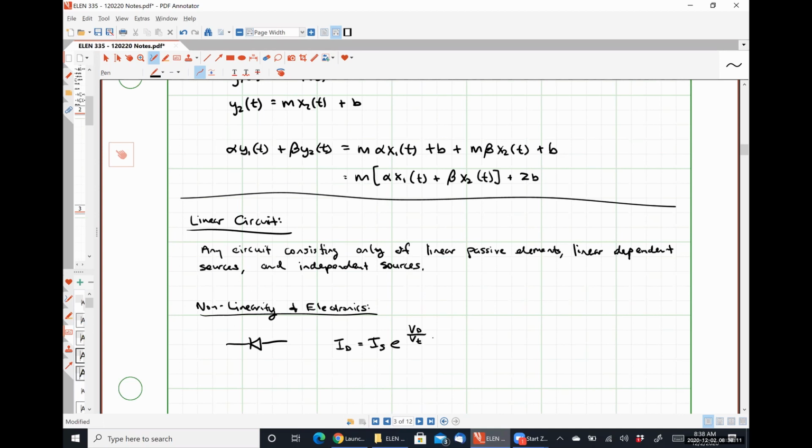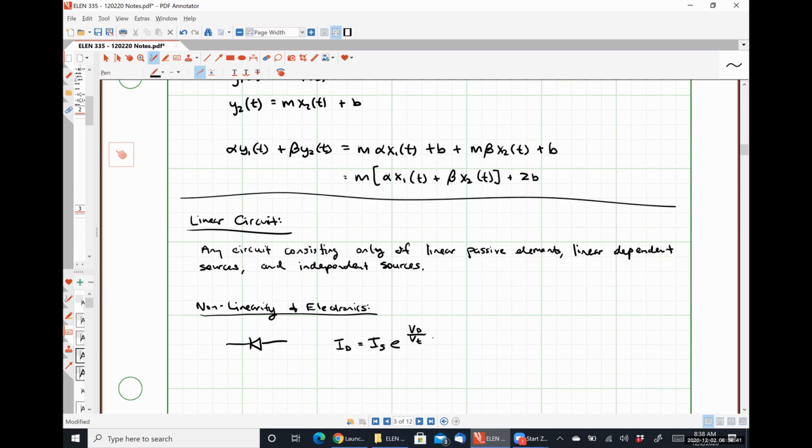PN junctions are diodes. Bipolar junction transistors are effectively two diodes stacked together. MOSFETs are similar to two diodes stacked together, except they have gate control. All three of the components that we're going to be dealing with in depth in this class behave non-linearly. So what that means is that we can't use Laplace and Fourier transforms to simplify anything.